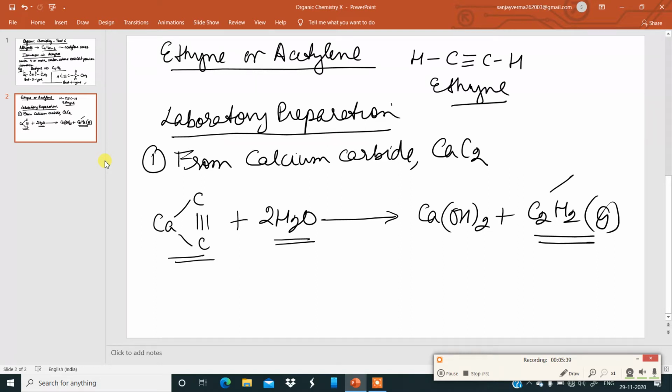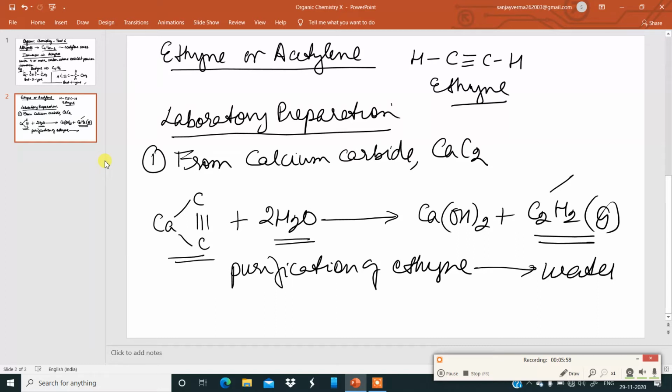The purification of ethyne is done by passing it first through water, and then through acidified potassium dichromate, K2Cr2O7.